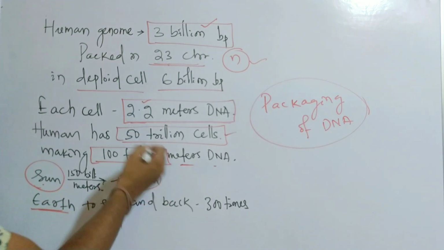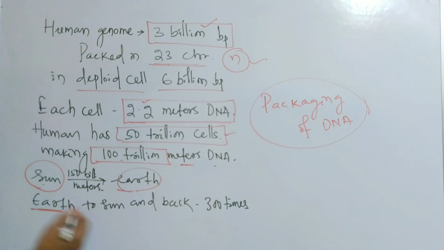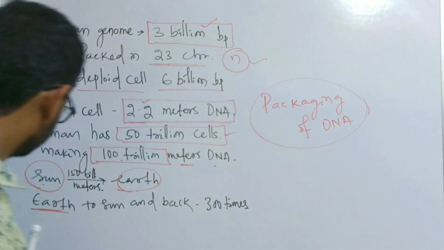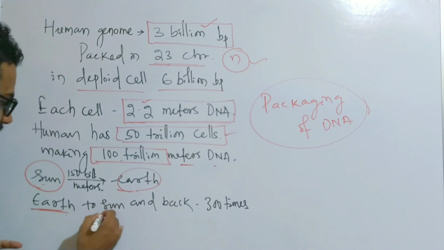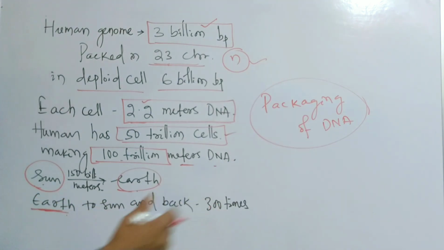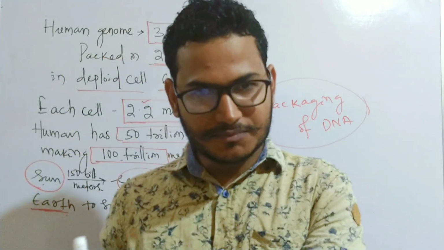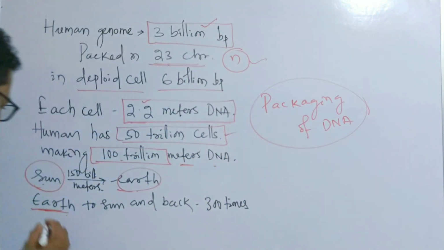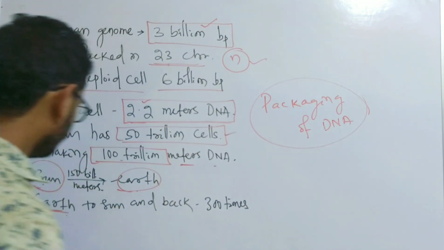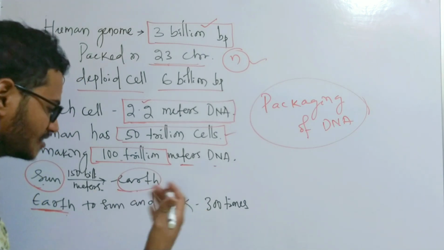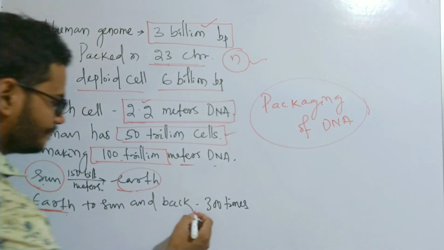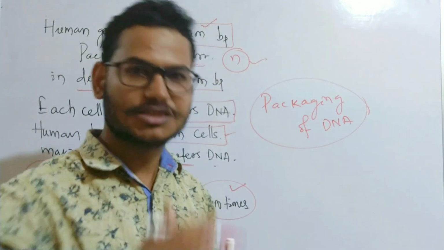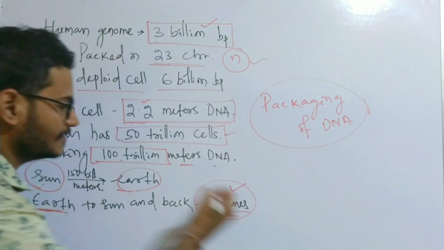So if we have 100 trillion meters of DNA, that means if we arrange the DNA from Earth to Sun and back, then the DNA in a single human is so long that it can cover the distance from Earth to Sun and back 300 times.